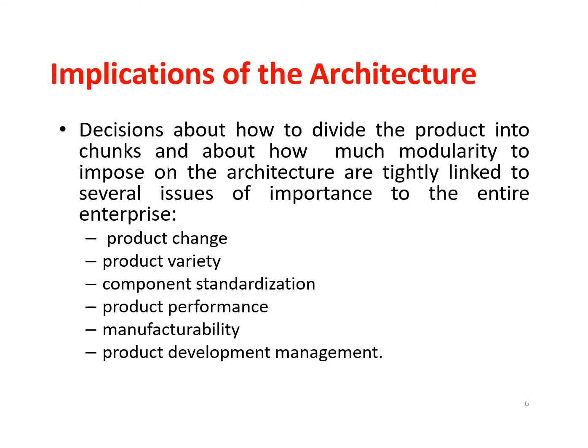Why is product change required? To ensure varieties in the product, to capture and retain our customers. Also for component standardization, product performance, manufacturability, and product development and management. So we implement the architecture for these reasons.